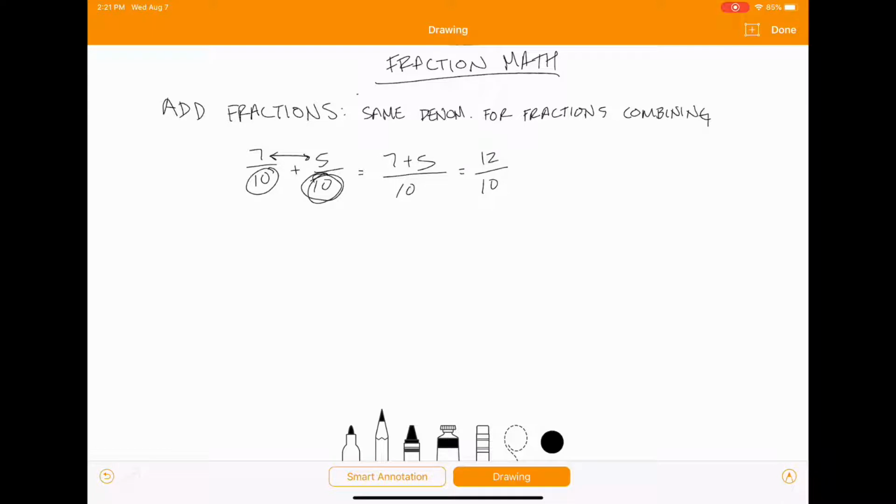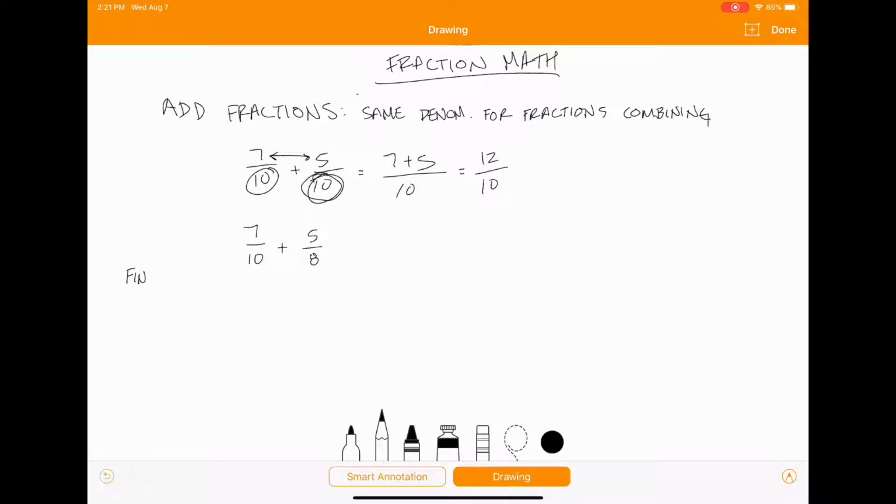All right, but if you had different denominators, say if we had 7 over 10 plus 5 over 8, we've got to find a common denominator here.